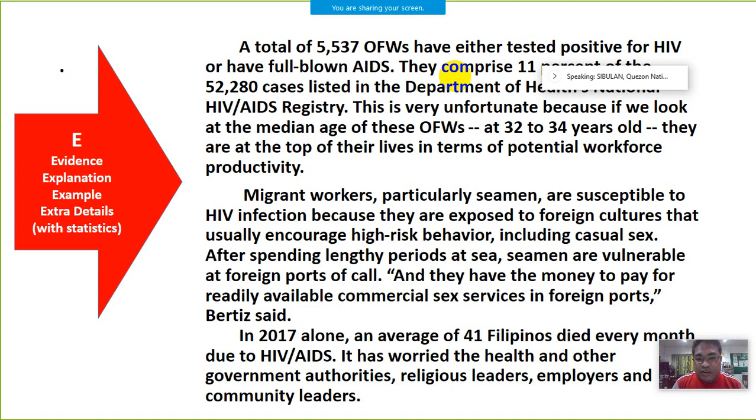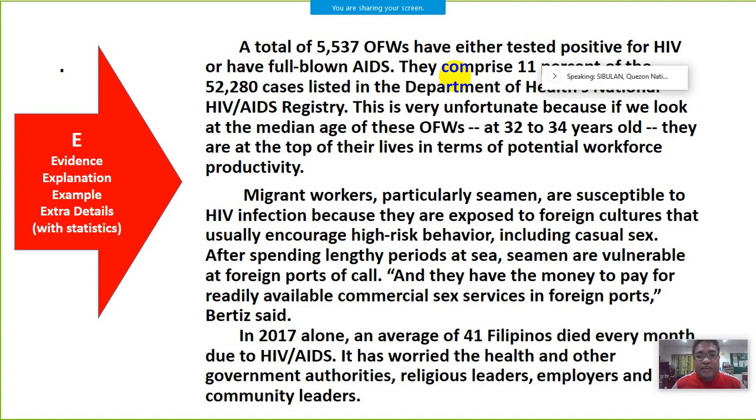What is the impact or the significance of that statistics? So it is presented in the next sentence. This is very unfortunate. Specifically looking at the median age of these OFWs, 32 to 34 years old. So those are powerful workers, because they are at the prime of their age. So in terms of potential workforce, they are the most productive ones.